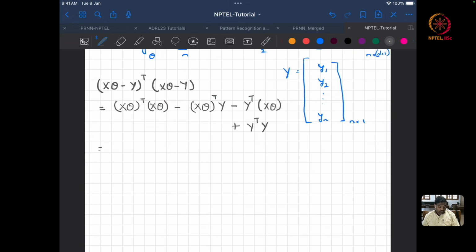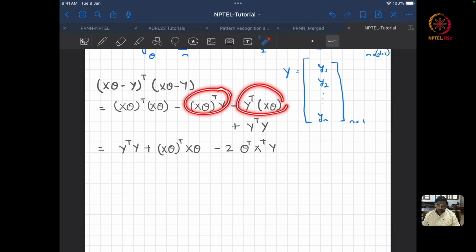So this I can write as y transpose y plus x theta transpose x theta minus 2 into theta transpose x transpose y. These two terms are the same actually, so you can write twice of that.